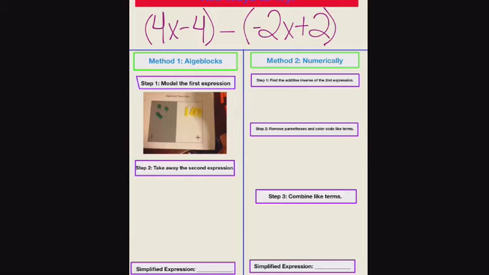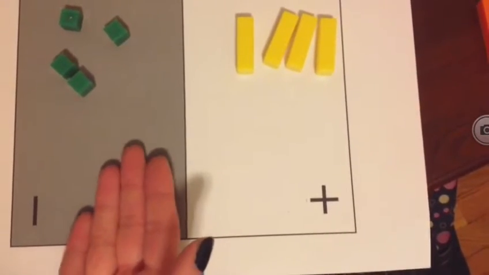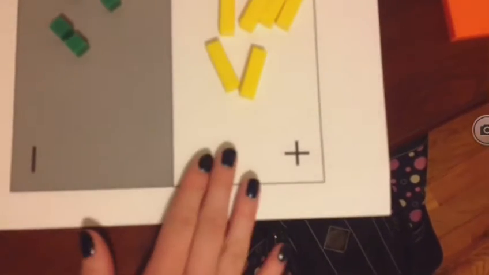Okay, and now we're going to take away the second expression, which again, our second expression is negative 2x plus 2. Okay, so again, we want to take away negative 2x, but we don't have any negative 2x. So instead of taking away negative 2x, we're going to add on 2x to our positive side. Okay? And then we also need to take away positive 2, but again, we don't have positive 2, so we're going to have to add on the negative 2 to our negative side.